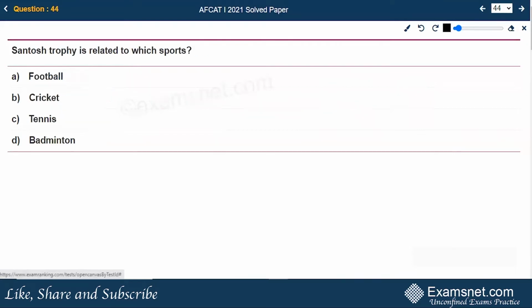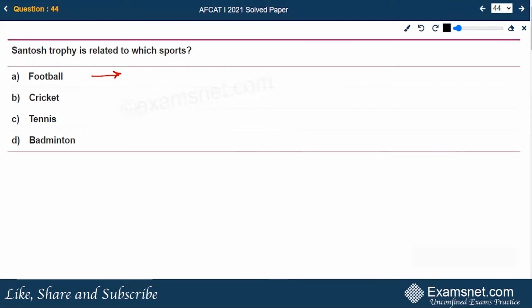Next, question number 44. Santosh Trophy is related to which sport? Is it football, cricket, tennis, or badminton? This Santosh Trophy is related to football.